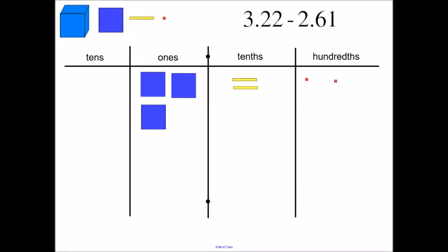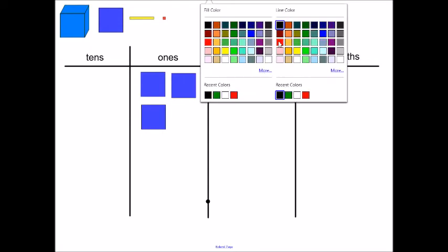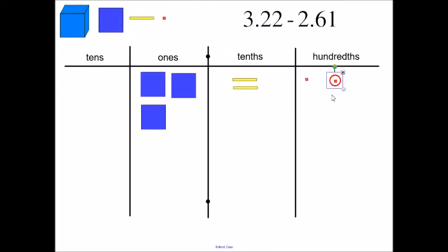So I'm going to look at this 1, which is in the hundredths position, and I'm going to take one of those away. Now, a good way to do this is to just circle them and draw an arrow away for it, or just circle it so that you know that that one is gone. I was hoping it would be red, didn't show up that way. So I have removed that.